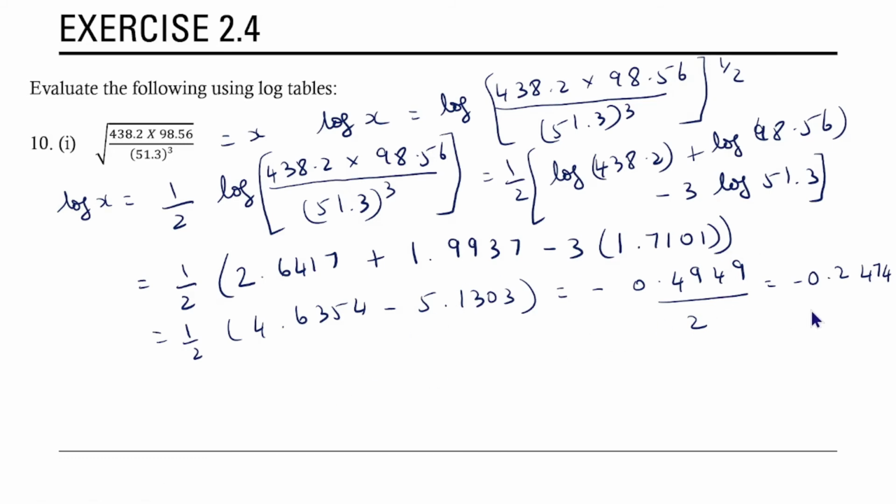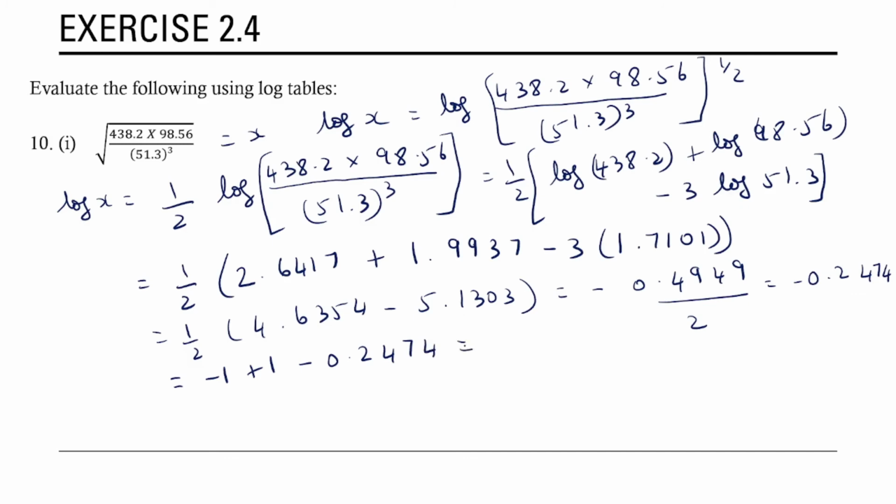So here again log x is minus 0.2474. This is negative, which means the mantissa part is also negative. So we have to make the mantissa part positive. So for that, what we can do? Let us subtract and add 1 to make the mantissa part positive.